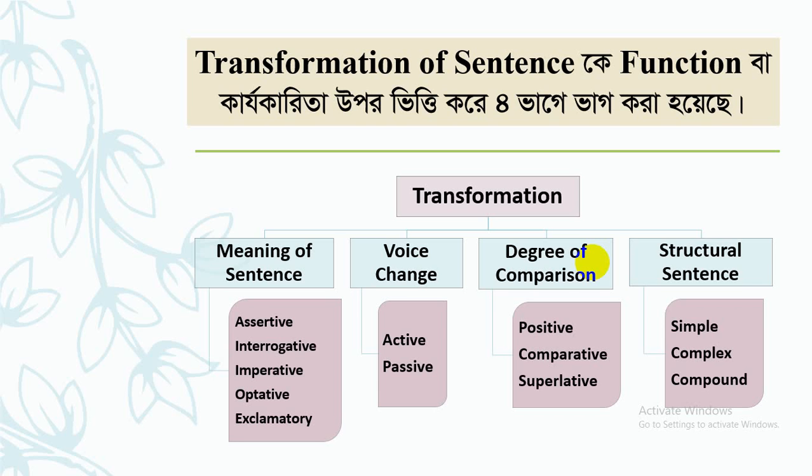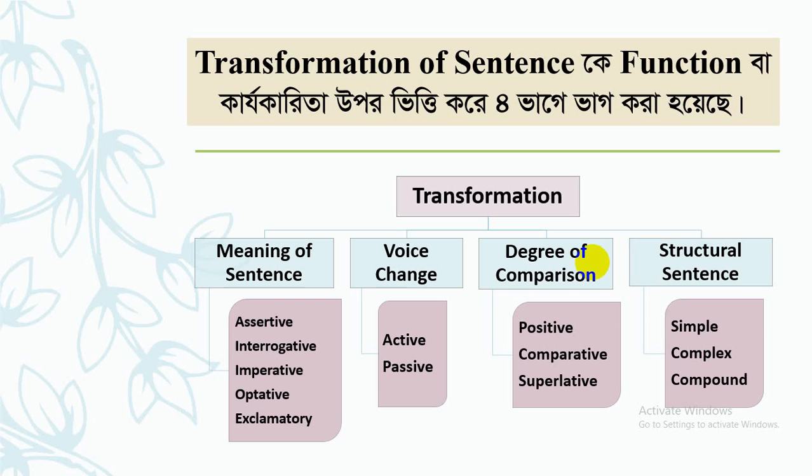The fourth one, structural sentences. So in meaning of sentence, we know there are five kinds of sentences: assertive sentence, interrogative sentence, imperative sentence, optative sentence, and exclamatory sentence.